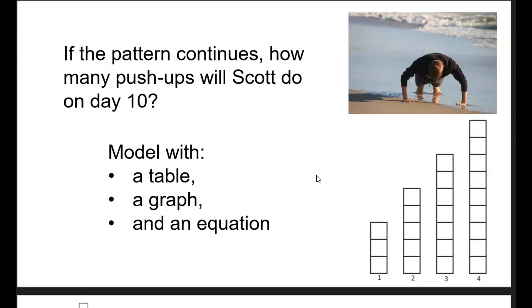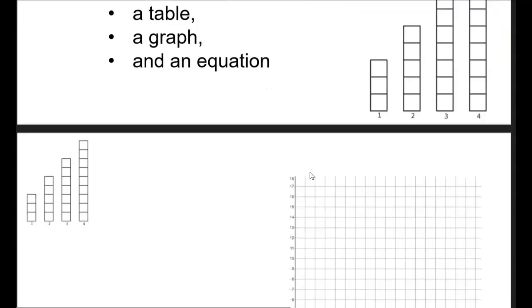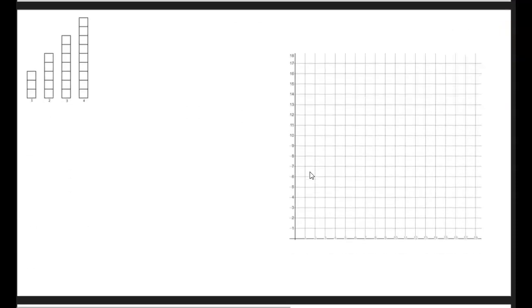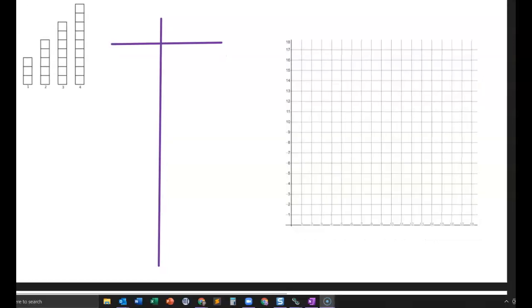Any of those might be faster. So maybe let's start with our good old favorites, table and graph. Get my line here, because I can't draw straight lines. And a line here. And now we can do a table.